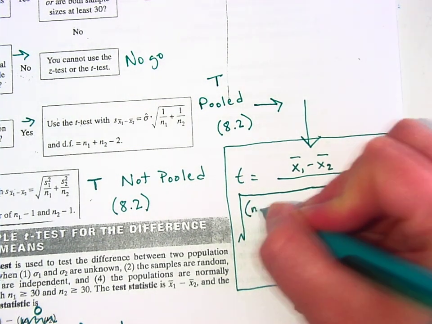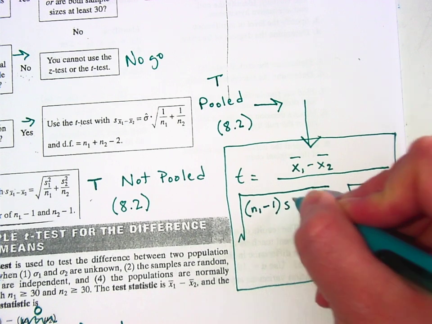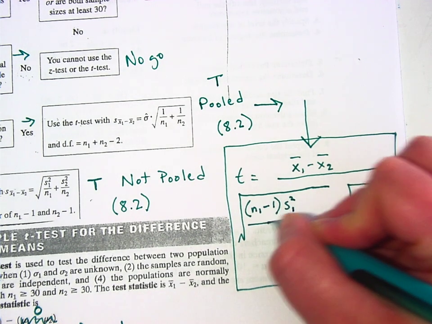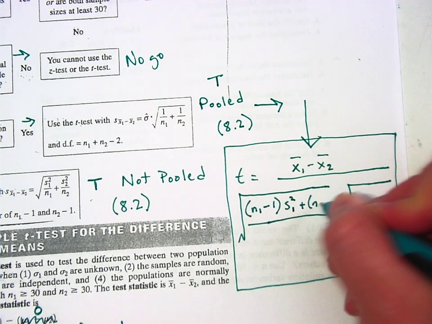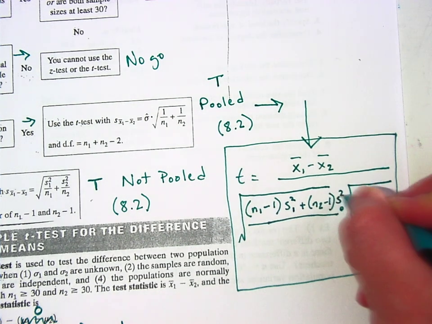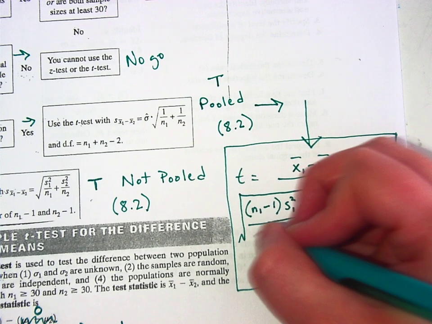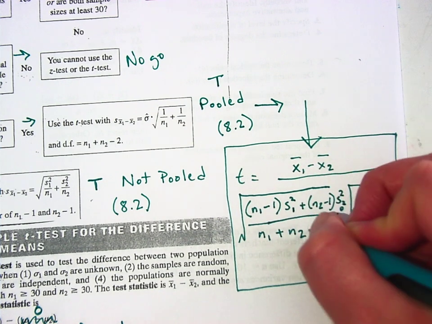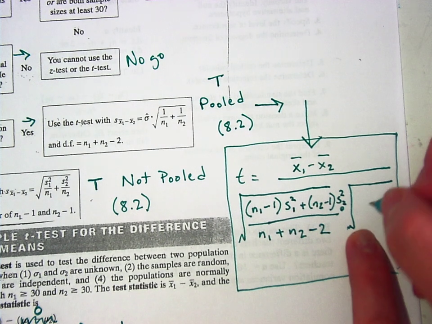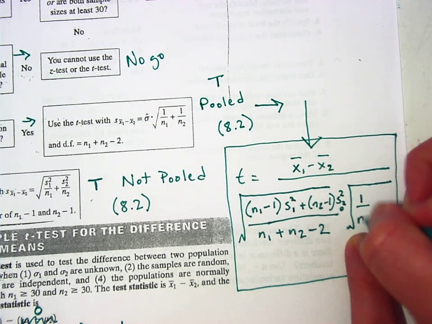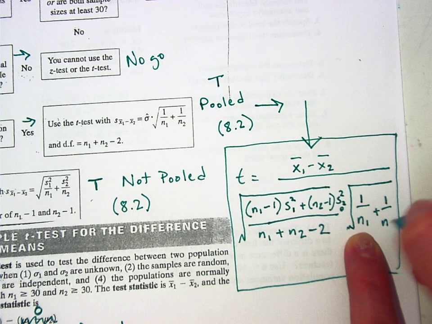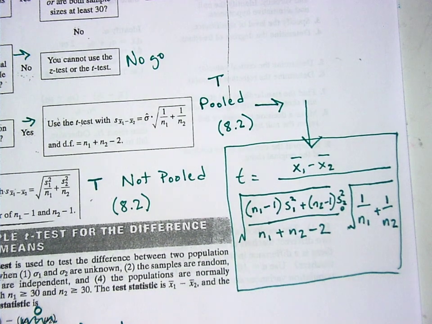And one is going to be n sub 1 minus 1 times s squared 1 plus n sub 2 minus 1 times s squared 2, over n sub 1 plus n sub 2 minus 2. And that's multiplied by 1 over n sub 1 plus 1 over n sub 2. Okay, so that's the formula, which is a regular old nightmare, for a pooled data test, which means variances are equal.